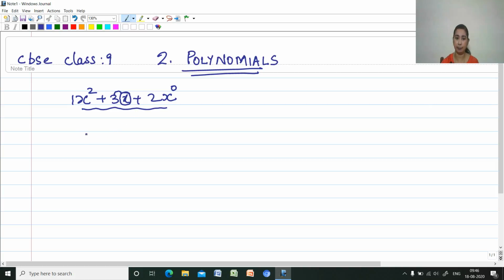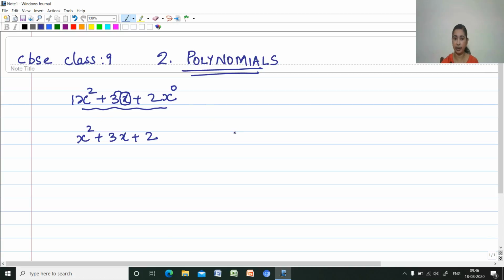Now we'll move on to what a polynomial is. What do you mean by a polynomial? Algebraic expressions where the power is a whole number are called polynomials. So x squared plus 3x plus 2 is a polynomial because the powers are all whole numbers.